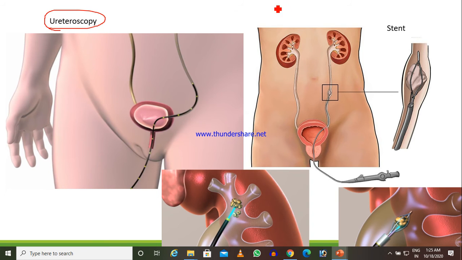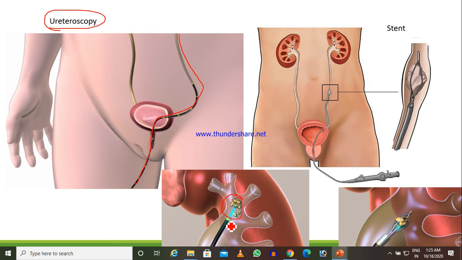Basically, this ureteroscope is nothing but a flexible tube. It is inserted through the bladder and ureter, and finally reaches near the renal calculi.